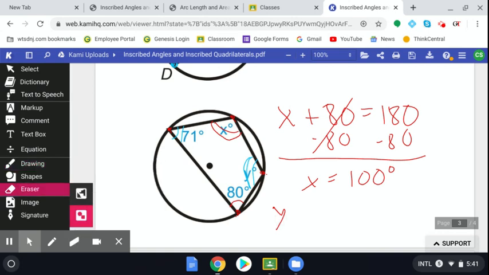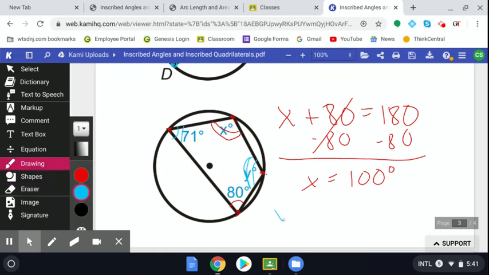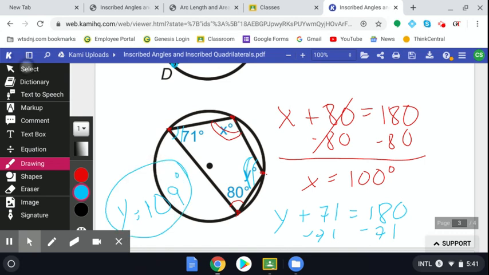Let me just erase this so we keep the colors consistent. Now I can subtract 71 from both sides, and I get that Y should be 109 degrees. So that's how you solve these kinds of problems.